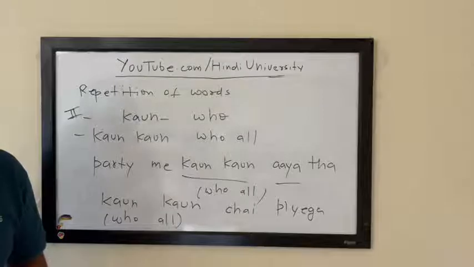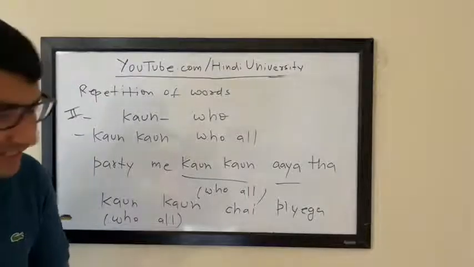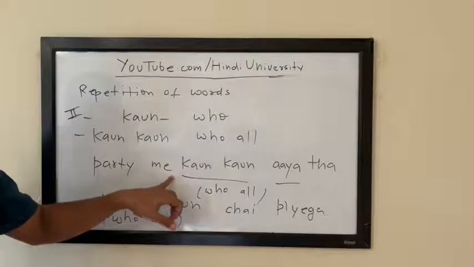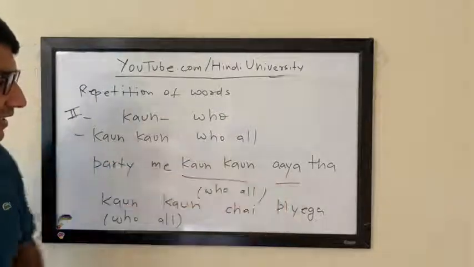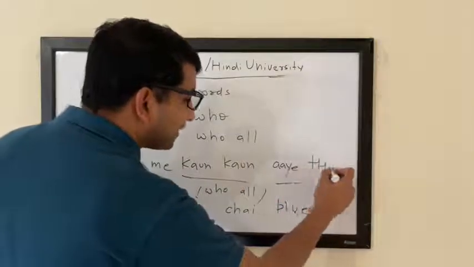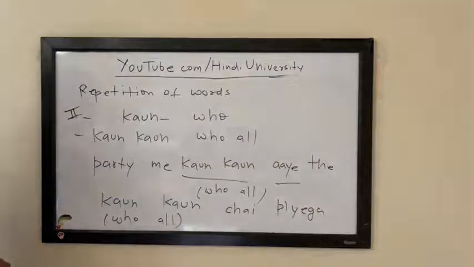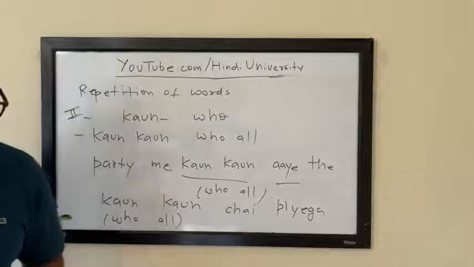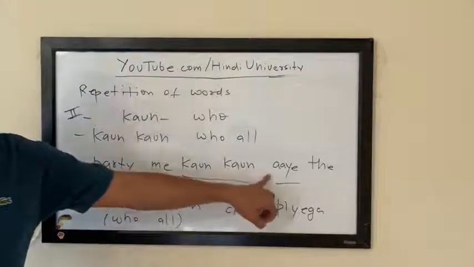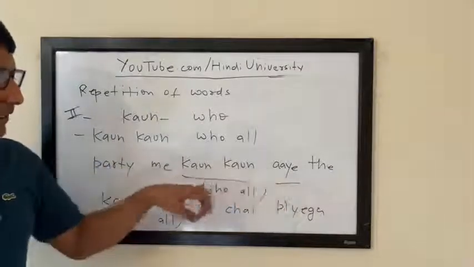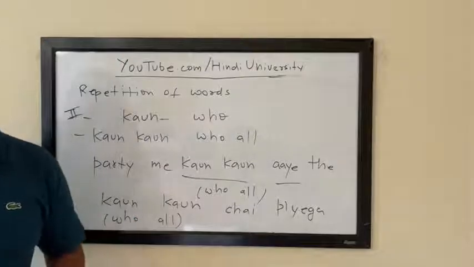I have a question. I'm not sure if it has an answer really. Why, when you're repeating it, does it end up being "aya tha," like singular? Because "who all..." Oh, I see. "Party में कौन आए थे?" That's correct as well. To me, "kaun" refers to a plural. It can go either way. I can say it singular as well as plural. As a Hindi speaker, it doesn't make any difference. "कौन आया था?" I'm trying to list out all the people.